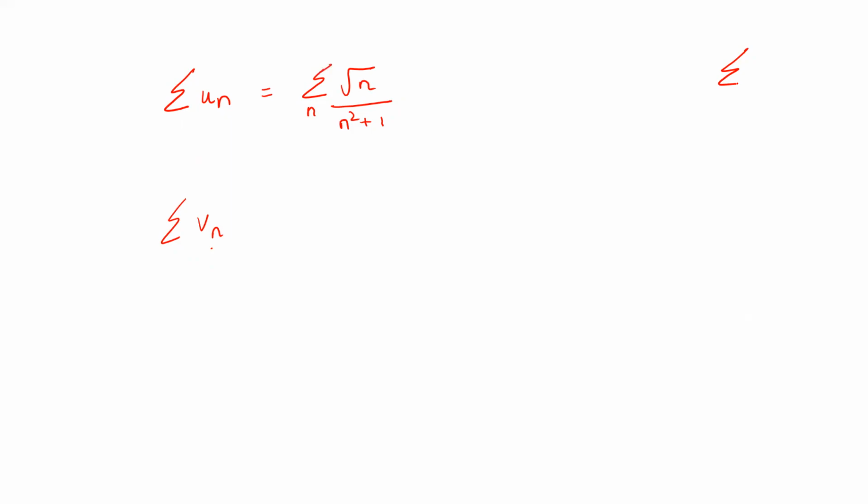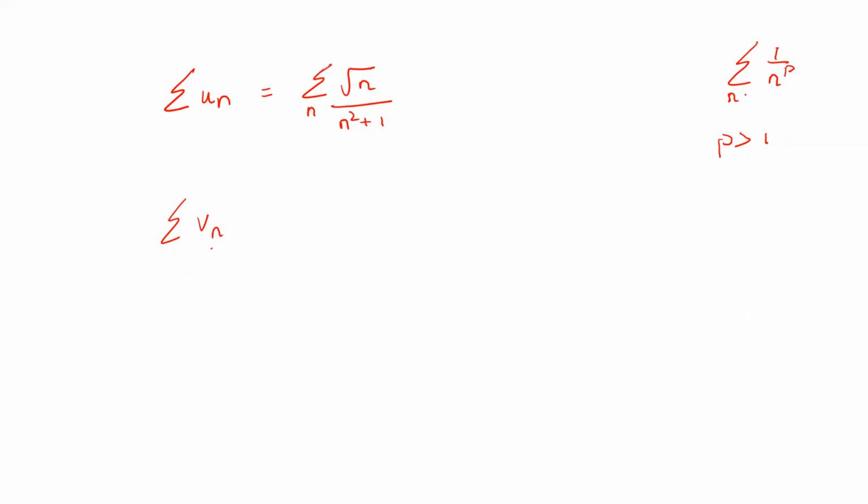Any series of this form, summation 1 by n raised to the power p, where p is greater than 1, with the sum over n. So the power of n is greater than 1. It can be n square, it can be n to the power 3 by 2. Any such series is convergent.